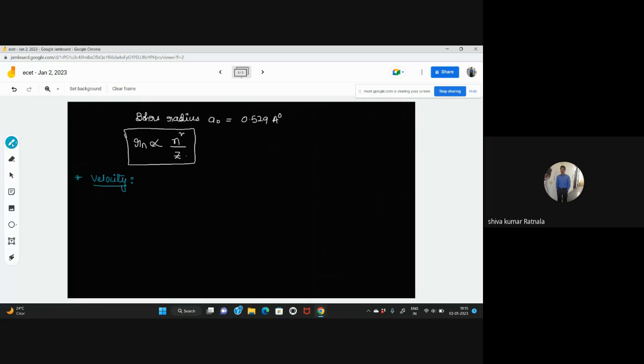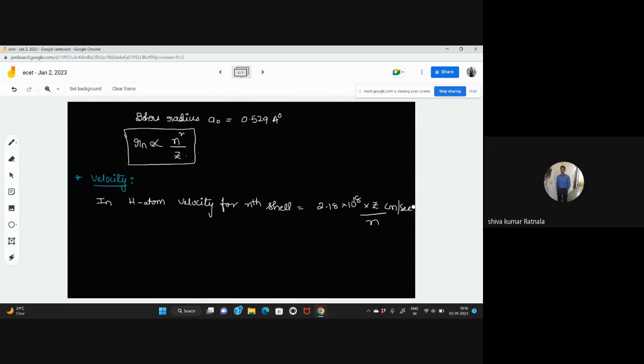According to Bohr's theory, in hydrogen atom, velocity for the nth shell equals 2.18 into 10 to the power of 8 into z by n centimeters per second.